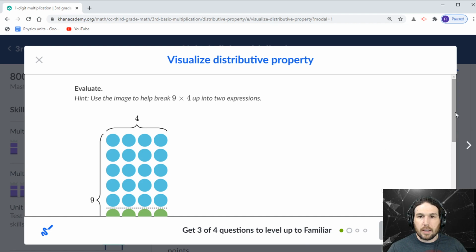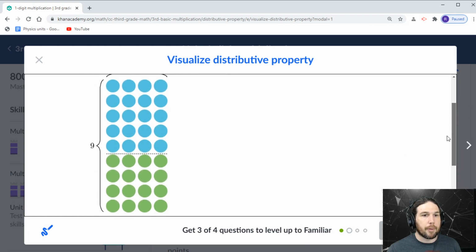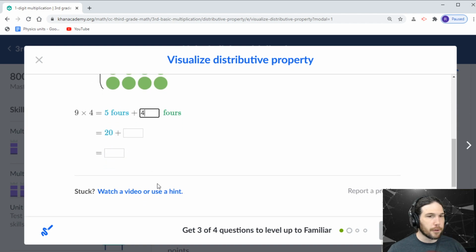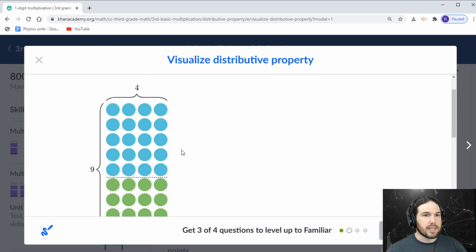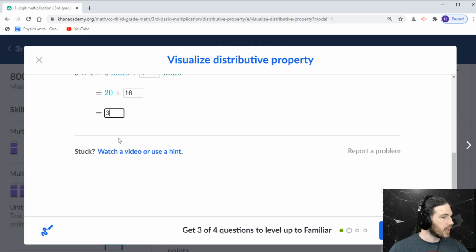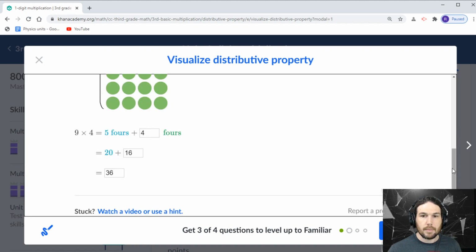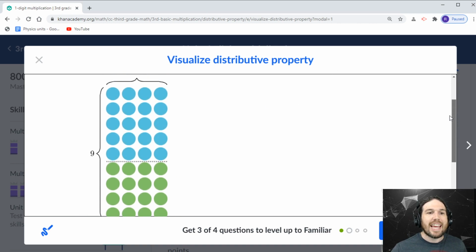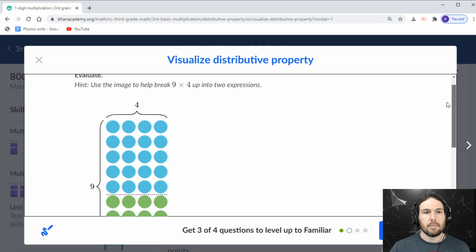Same deal, if I have 9 times 4 but I break it up like this, that's 5 4s and 4 4s, which is the same thing as 20 and 16, which is the same thing as 36. 3 different ways, 4 different ways if you include the picture, of saying the same thing.